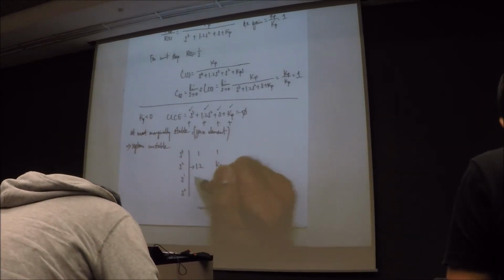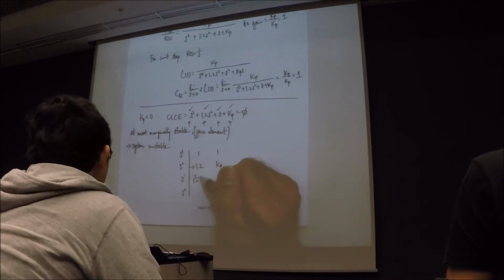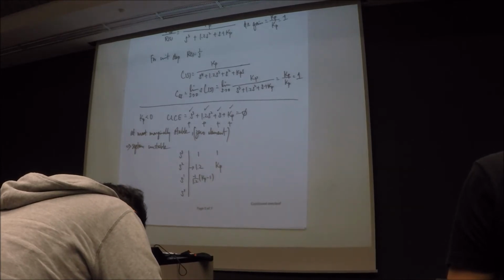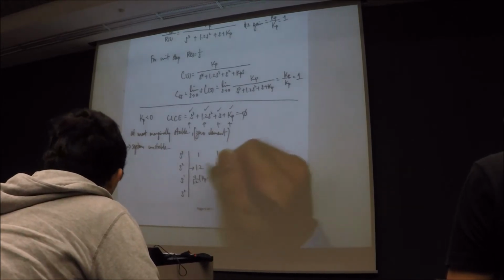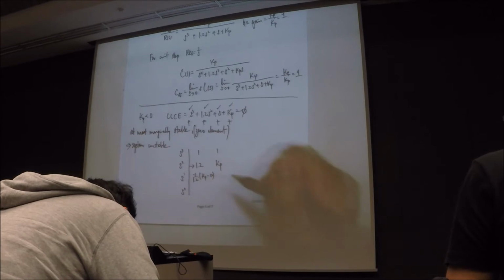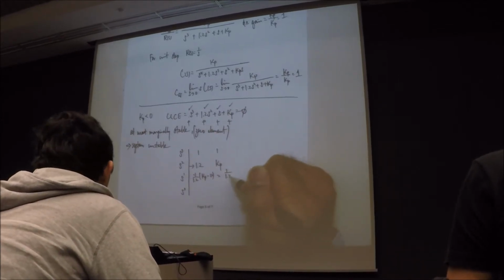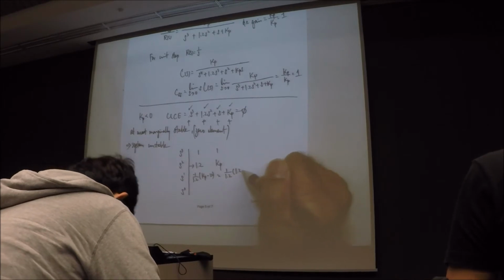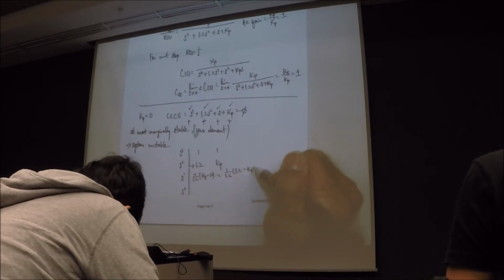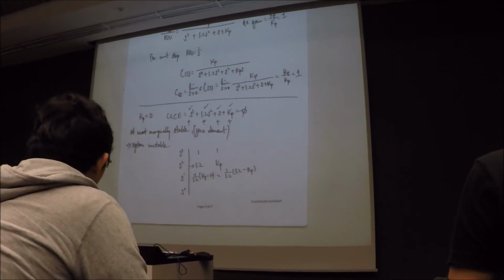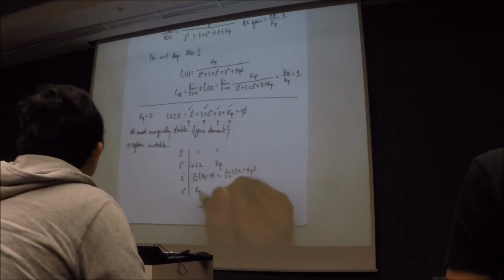It is 1 minus 1 over 1.2, and then here you have Kp minus 1.2. So this is equal to 1 over 1.2 times (1.2 minus Kp). And of course the last one is just Kp.